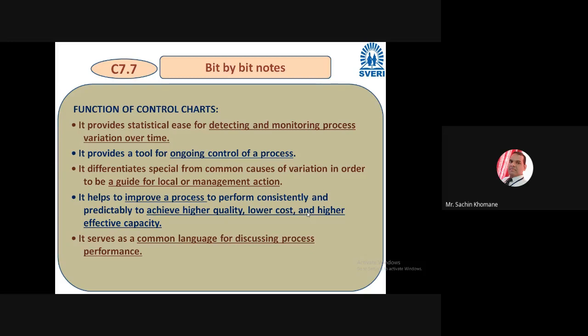He will compare all the charts of all the months, maybe every week, and he will understand there is a certain problem, and take appropriate action, like so-and-so person is making a mistake, and that's why there is rejection. So such management actions people can take by monitoring the behavior of the control chart. So this is another function.